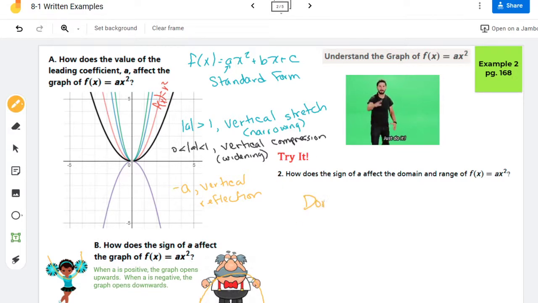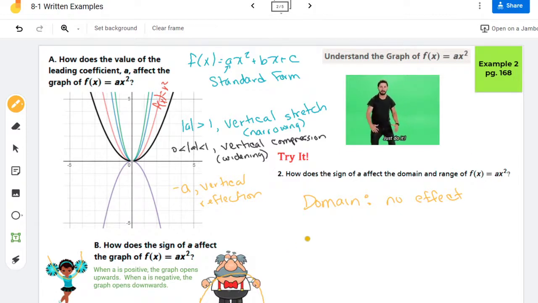So let's start with our domain. Take a look at the graph. Remember, the domain is all the x values that the graph passes by. So all of our positive a's go forever to the left and forever to the right. Well, so do all of our negative a's. See that? That goes forever to the left and forever to the right. So there is no effect on the domain when we have a negative a.